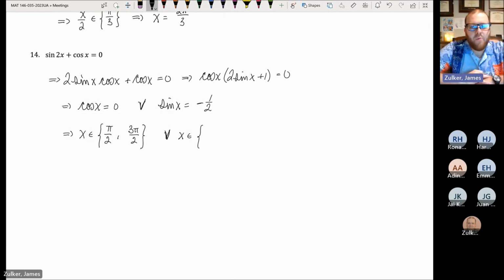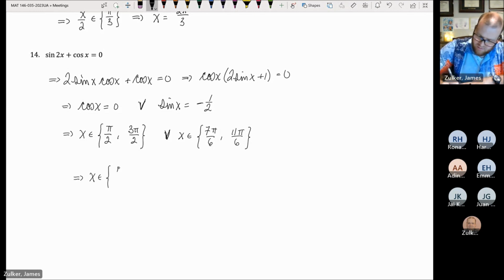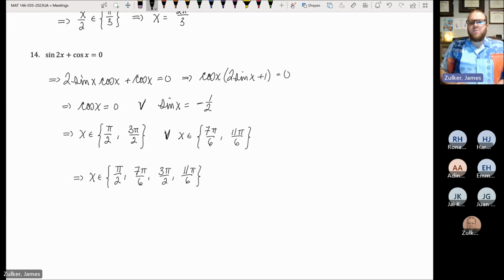Sine is negative 1/2 at 7 pi over 6 and 11 pi over 6. And there's our solution set.